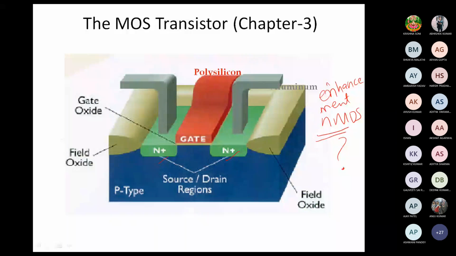Enhancement type, because there is no channel present already, but if we apply a suitable gate voltage here, then a channel may be created which will connect the source and drain together. If we apply a voltage difference across the drain and source with the help of a VDS, then the current may start flowing.